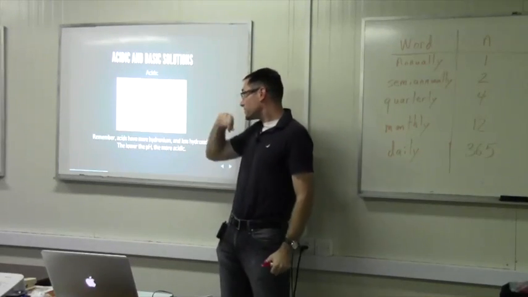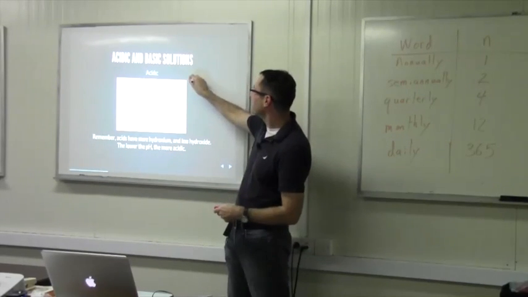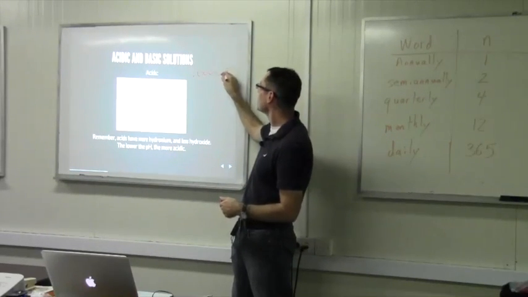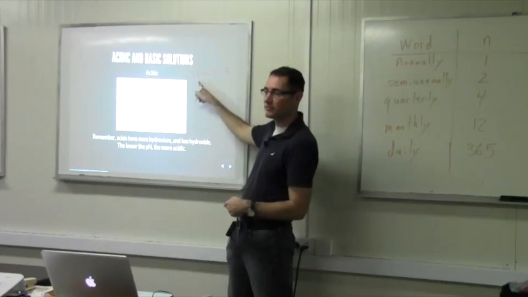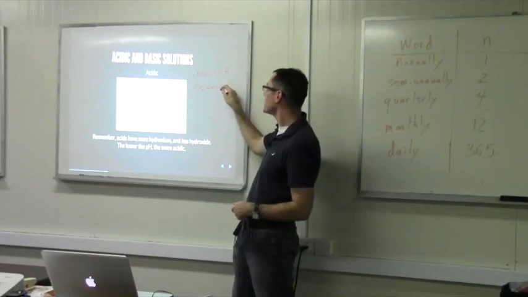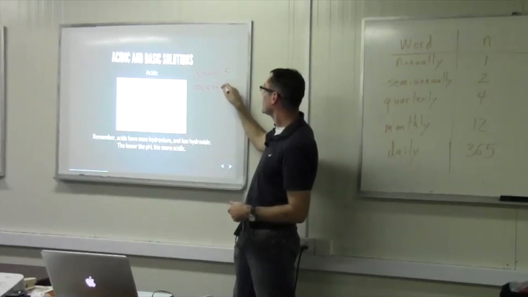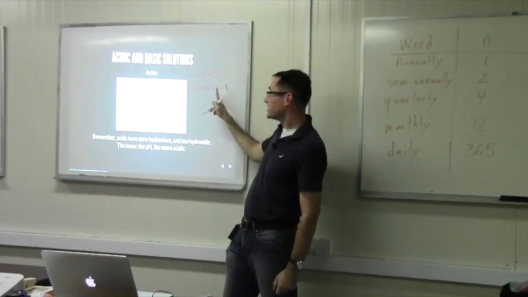It's got fewer zeros. 10 to the negative 5 is 0.00005, right? 1, 2, 3, 4, 5. That's 10 to the negative 5. And then 10 to the negative 7 is 1, 2, 3, 4, 5, 6 zeros and then a 1, which is a smaller number.